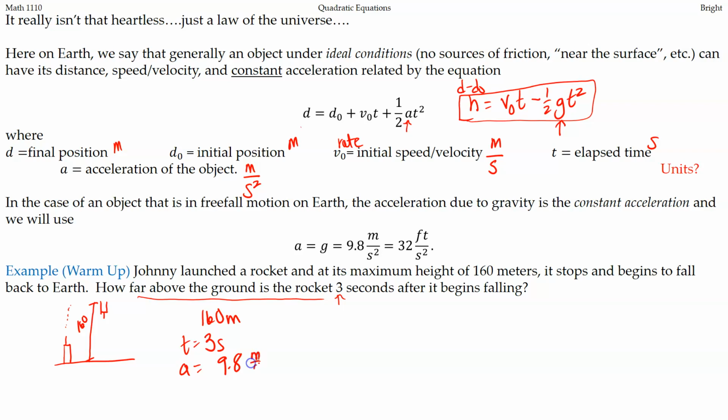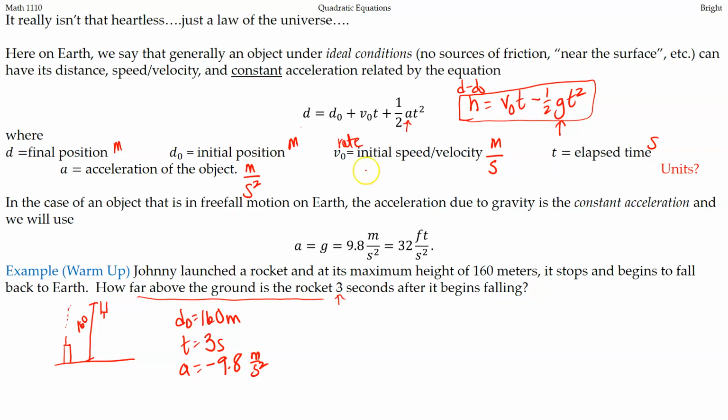I'm also going to attach a negative because I'm falling. Now this 160 is where we start, so I'm going to label that as D0.